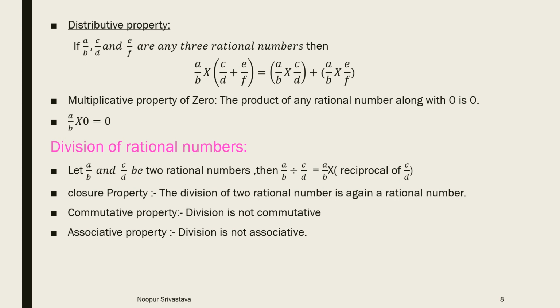For the LHS, we have to open the bracket and multiply the term which is outside the bracket with both the terms inside the bracket.